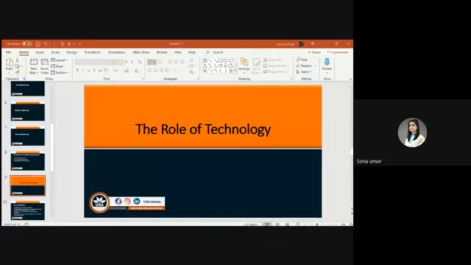After this, we talked about the digital divide. The digital divide is a gap between those who have access to internet technology and those who don't. It has been seen that people in developing countries have a bigger digital divide as compared to developed countries.